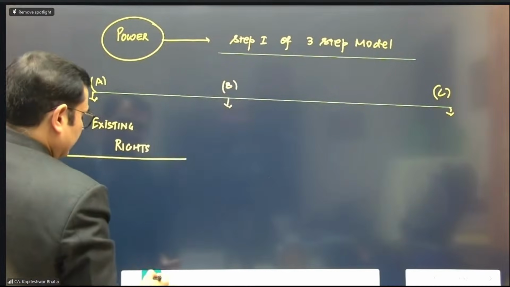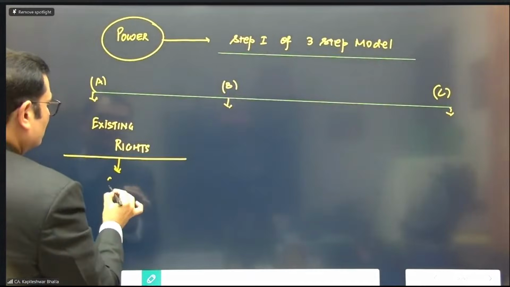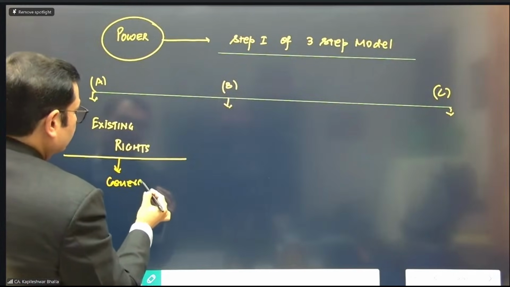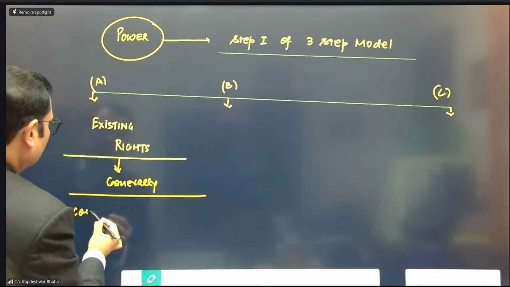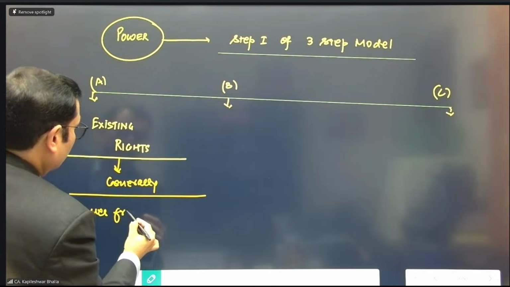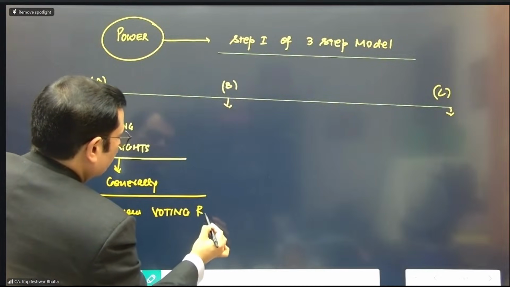Now we can say, when you say existing rights, generally, when you look at existing right, generally, it comes from voting rights.